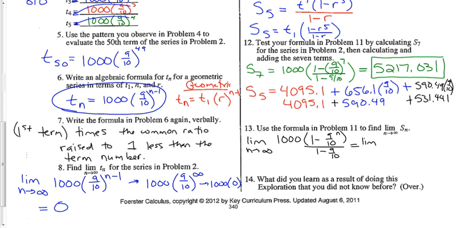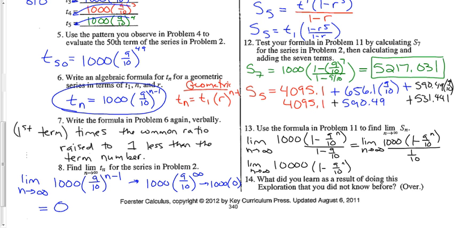So this is my limit as n approaches infinity of 1,000 times 1 minus 9 over 10 to the n all over 1/10, which really means we have the limit as n approaches infinity of 10,000 times 1 minus 9 over 10 to the n.